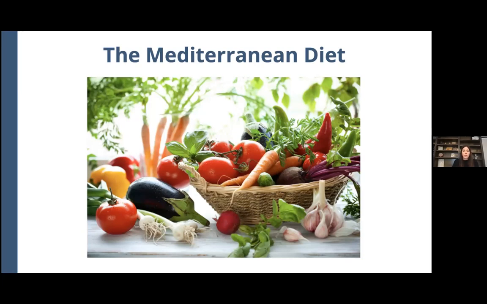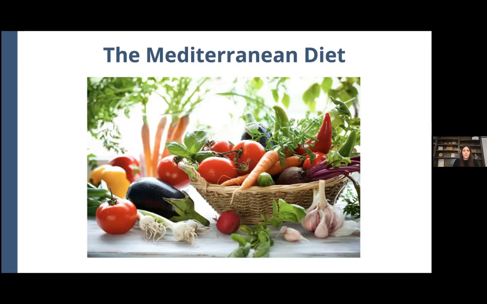And then within that Mediterranean diet, you can fluctuate whether you want to eat heavier on the healthy carbs and lower on the fats and protein side, or whether you want to eat higher protein and fat and less carbs.